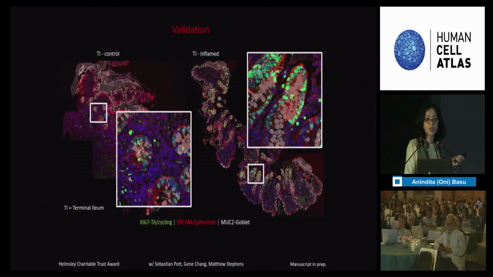Yes, indeed, we are looking at control and inflamed samples, and looking at interesting cell types, quantifying if these interesting cell types are variable in the same way or in different ways between control and inflamed patients. Here, the green cells are marking TA cells, which are a sort of progenitor population, which seems to be increased in the disease case.